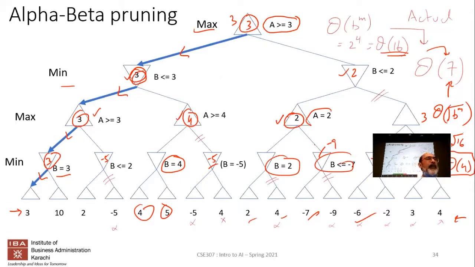For example, when would it not be random? If you can somehow order your choices in such a way that you're not making random guesses. So for example, when you're coming to IBA in the morning, you're not making random choices, right? You're not going hither and thither. You actually have some idea as to which direction to choose.